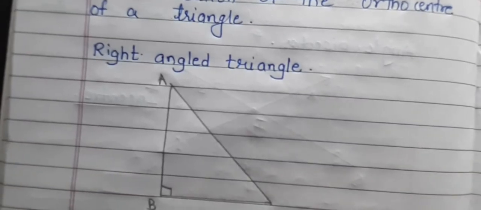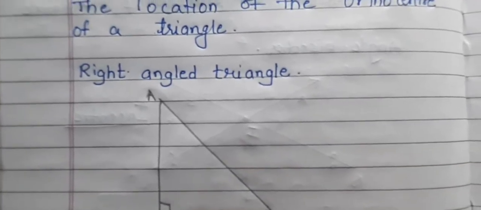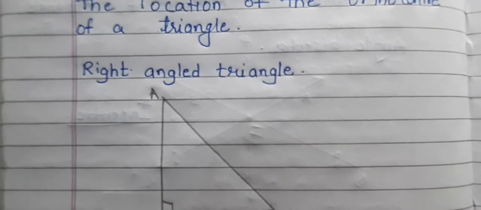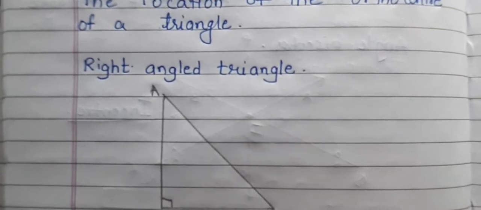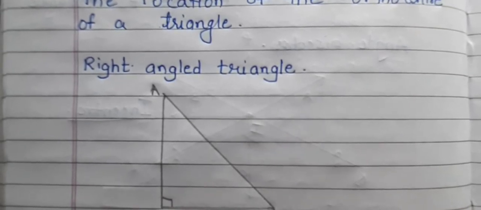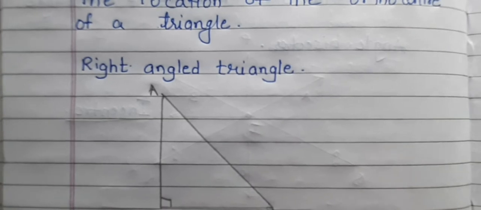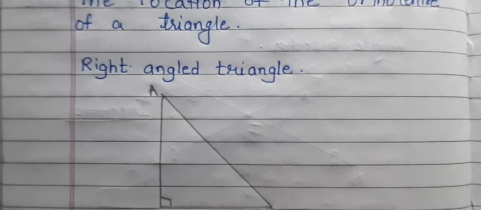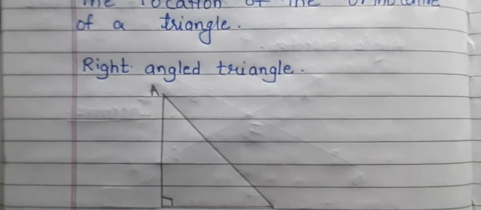Now we are going to discuss the location of orthocenters of different types of triangles. We are aware of the types of triangles: right angle triangle, obtuse angle triangle and acute angle triangle, on the basis of their angles, right? When I talk about a right angle triangle, it makes 90 degrees at one of its vertices.